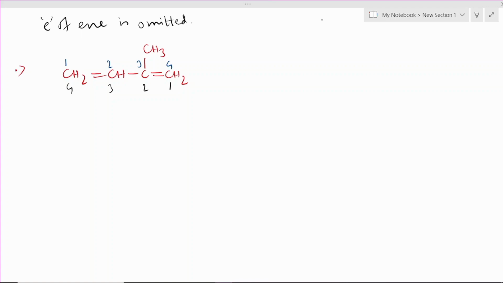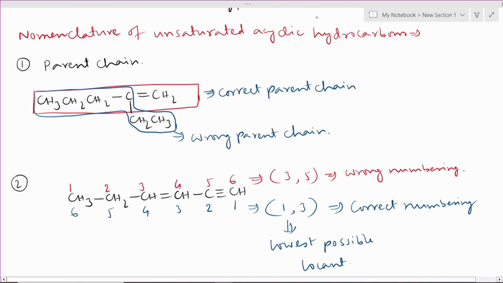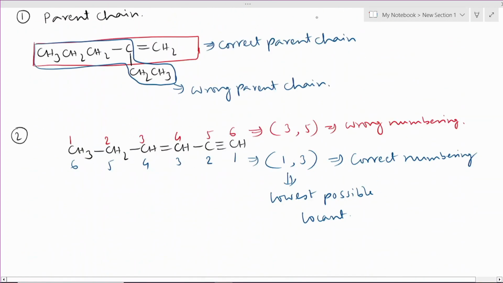Here we see that a methyl group is there, so this numbering is correct because it corresponds to the 2 carbon. But the other way of numbering corresponds this methyl to the 3rd carbon, so it will be wrong.